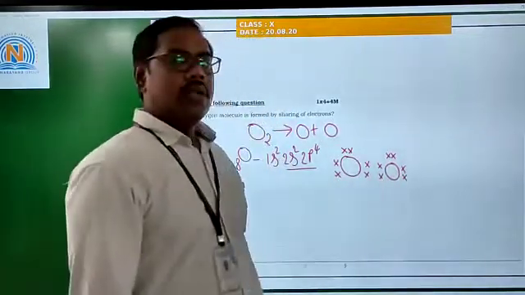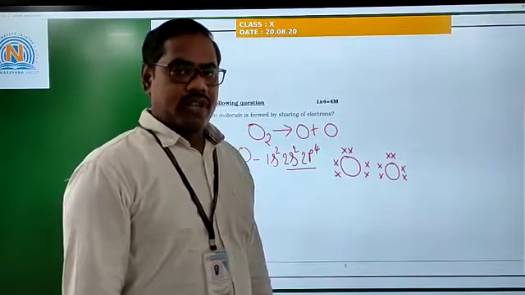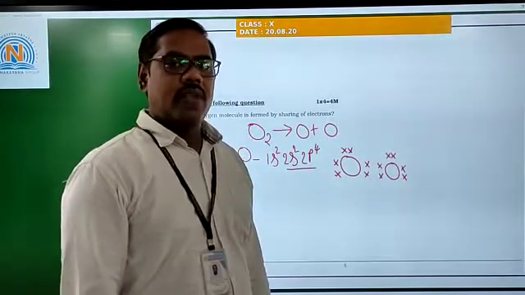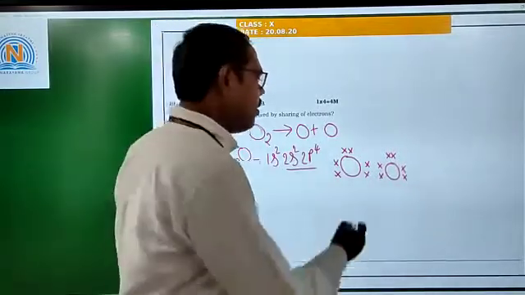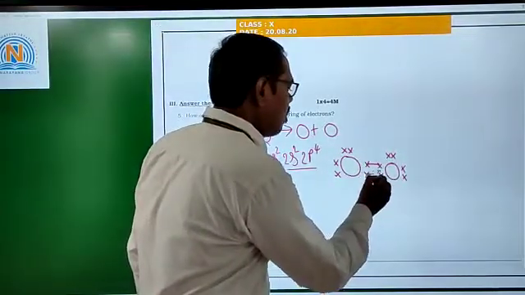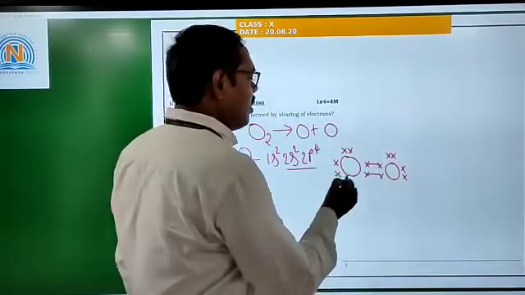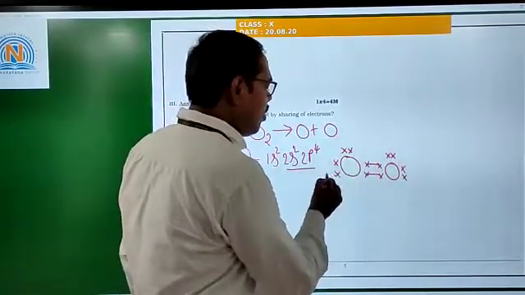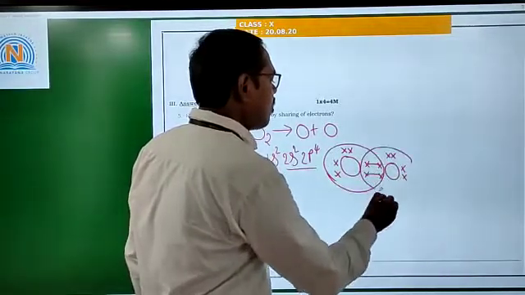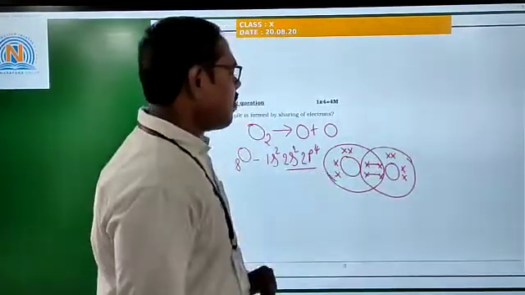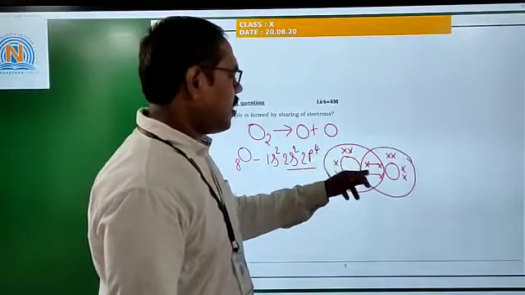When the two oxygen atoms come close to each other, each oxygen atom contributes 2 electrons. These 2 electrons are paired. Later, these paired electrons are shared by this oxygen atom and this oxygen atom.